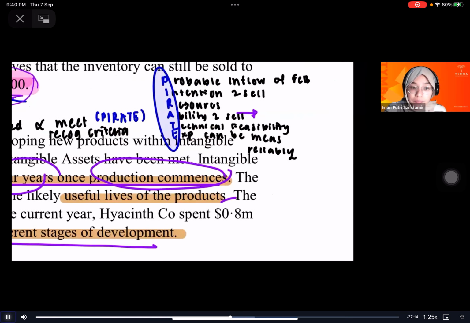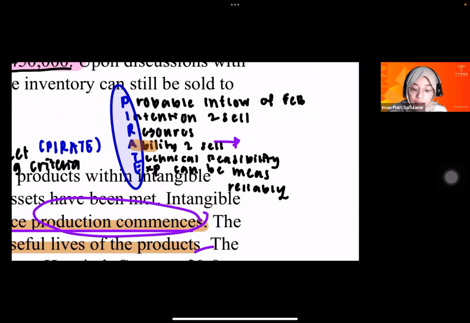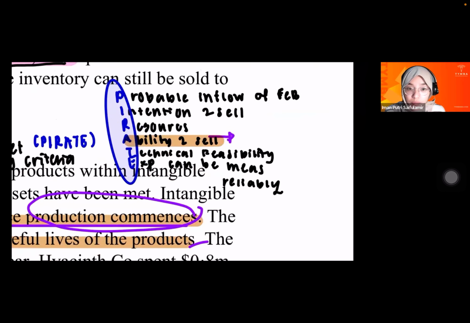Firstly, how can we confirm that they have met this PIRATE capitalization criteria? For example, ability to sell. We can confirm whether they have this ability to sell through reviewing the market research report.